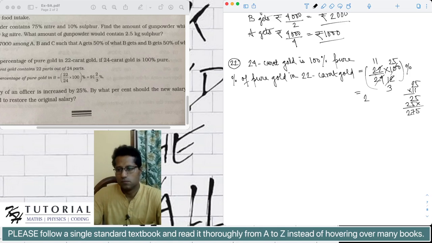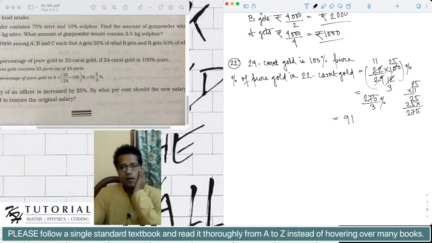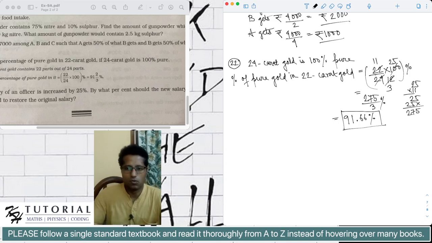So this is 275 by 3%, which is equal to 91.66 percentage. 275 by 3 is 91.66. So 22 karat gold will contain 91.66% of pure gold. Okay.